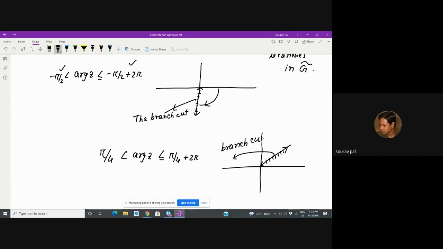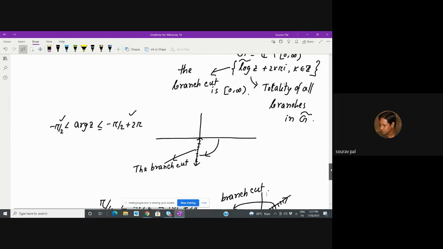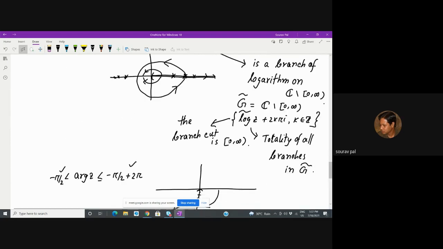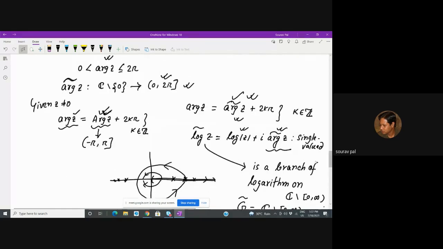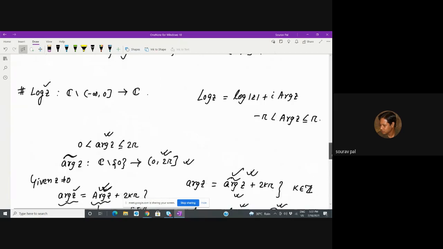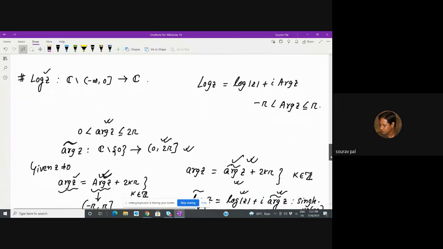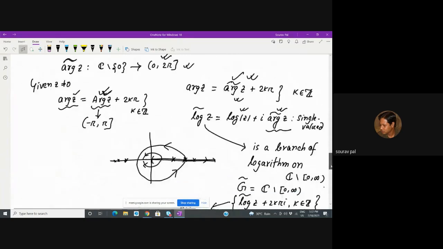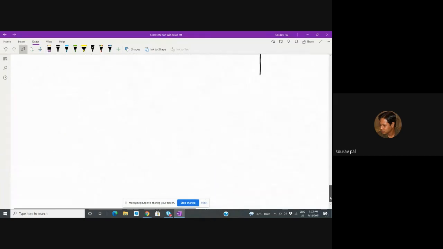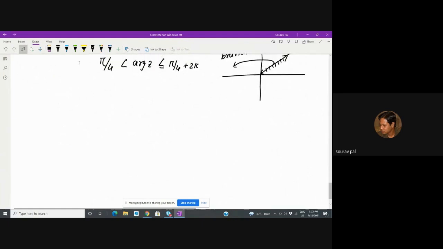Okay. You just notice one thing, whenever you are removing one line, you are removing the half line whose one endpoint is 0 always. Have you noticed this? Here also, 0 was included here. So this point, which is common to all branch cuts in a region, is called a branch point.